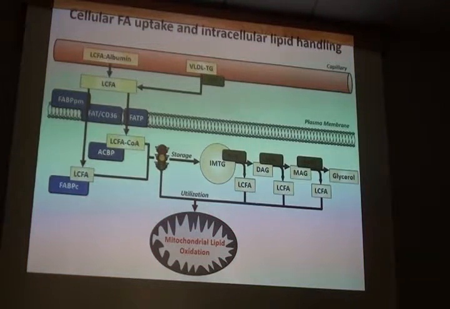And probably 30, 40 years ago, everybody just presumed that these fatty acids basically just passively crossed through the lipid membrane because they're lipid structures themselves. The presumption was that they would just pass through the lipid membrane.